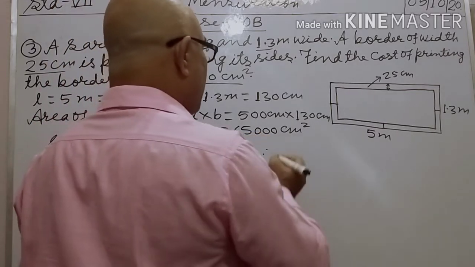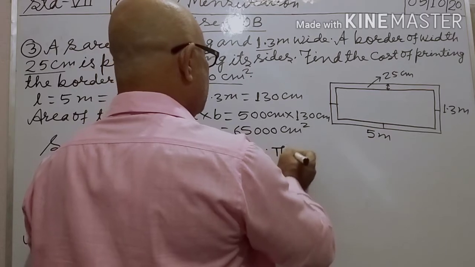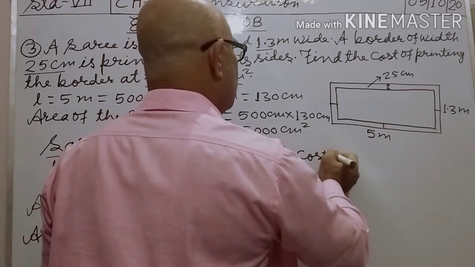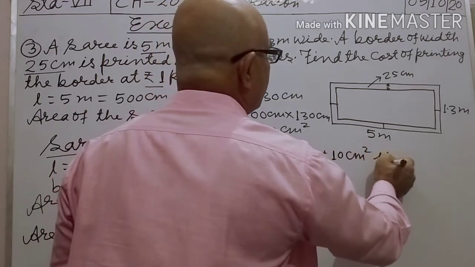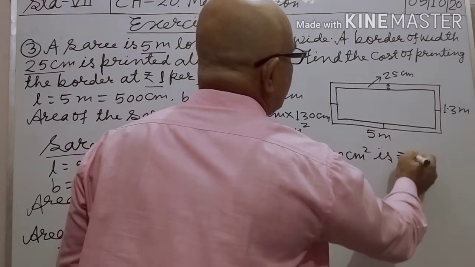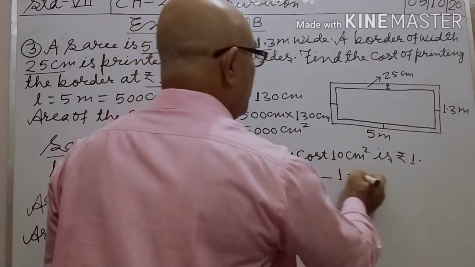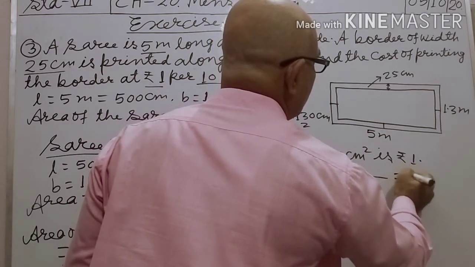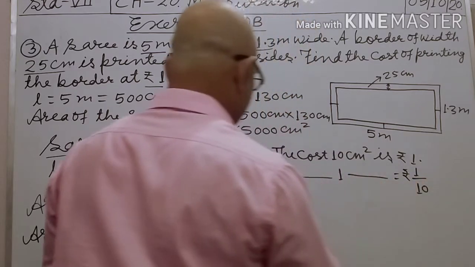So unitary method, since the cost of 10 cm square is rupees 1. Therefore the cost of 1 cm square equal to rupees 1 by 10.